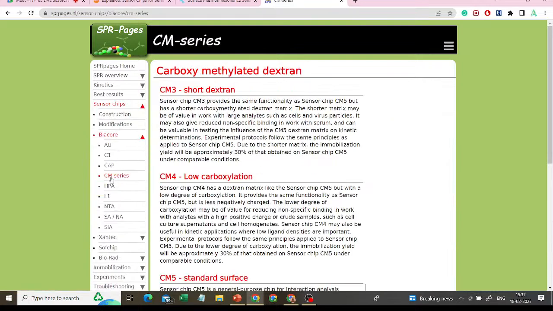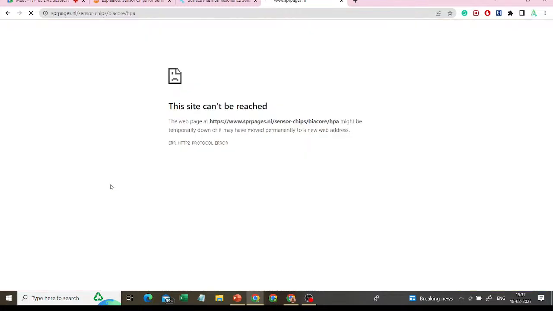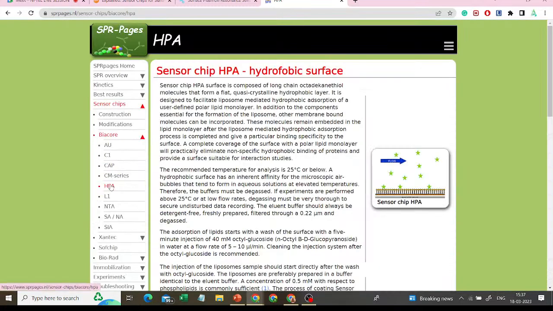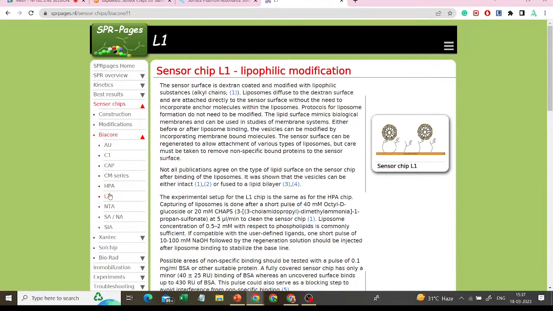Then you have the CM series, and then another one for lipophilic modifications.